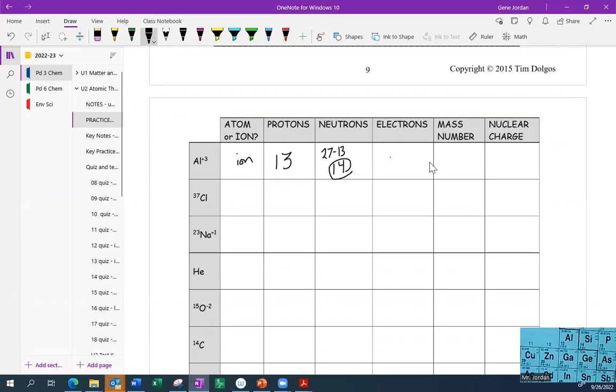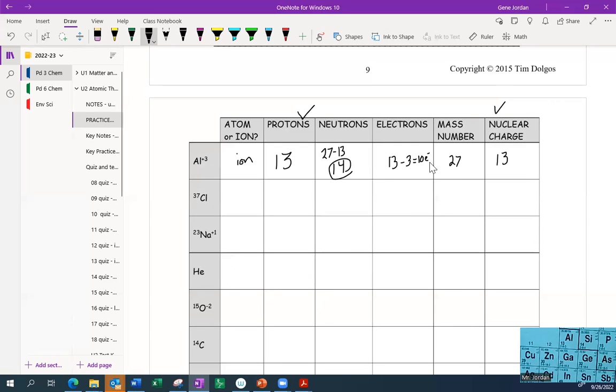Number of electrons, well, normally it would be 13, but you notice it lost 3 electrons to carry a positive charge, so it has 10 electrons. The mass number is 27. Its nuclear charge is the number of protons. That doesn't change. Nuclear charges and protons don't change.